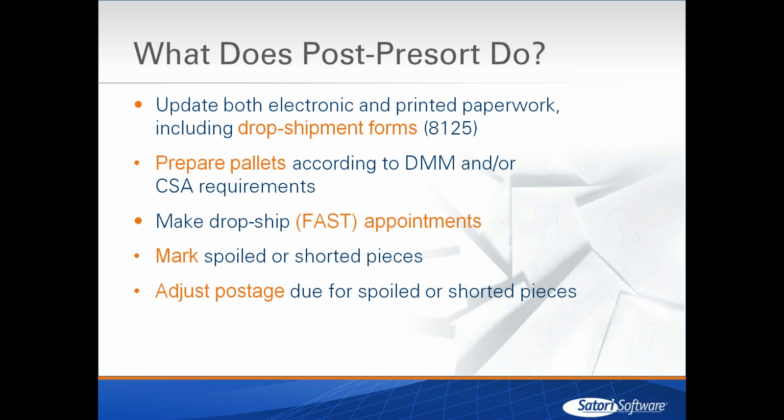So spoilage are usually misprints. Shortages are when you actually don't have as many pieces and you have to cut that mail off at the end there. So what you can do with Post-Presort software is you can actually mark those pieces as spoiled or shorted pieces and then adjust your postage to make sure that you're not paying for those pieces that you're not actually mailing.